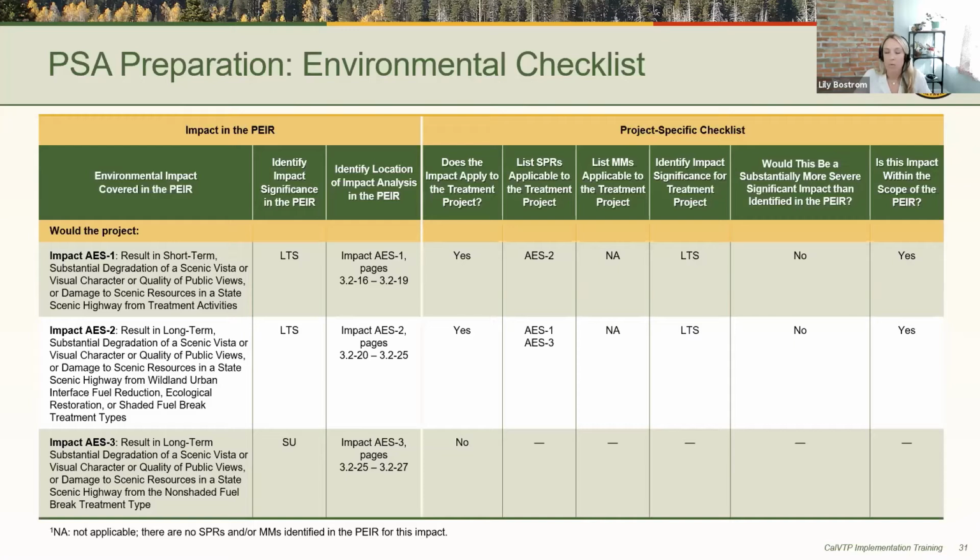You then indicate whether it would be a substantially more severe significant impact than was identified in the program EIR. And finally, you address whether the impact is within the scope of the program EIR. In practice, I would recommend filling this out as you're developing your impact discussions because they do help to inform each other. Next slide.